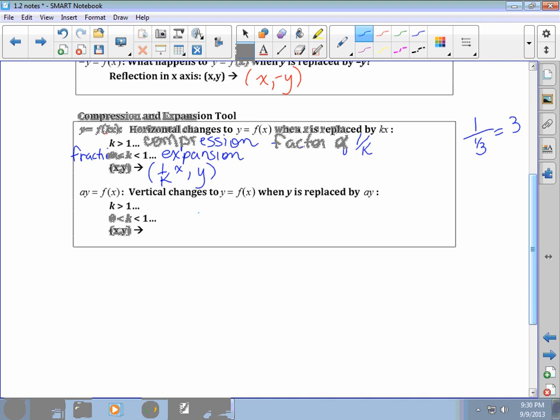So if we take an ay, which is just the last examples we were doing, a vertical change happens when y is replaced by ay. This actually should be an a value, but think of it as the a value instead of the k value. I think I just typoed there.